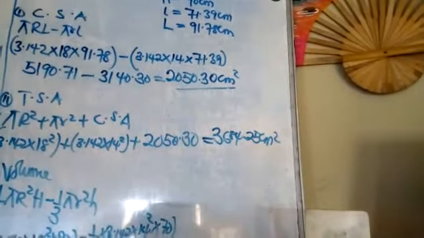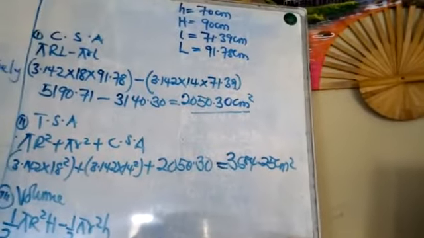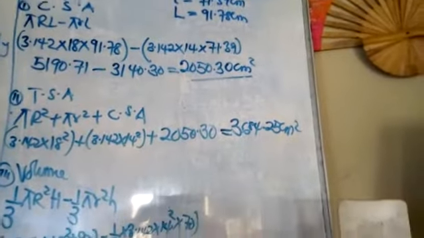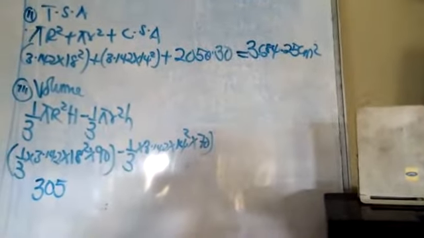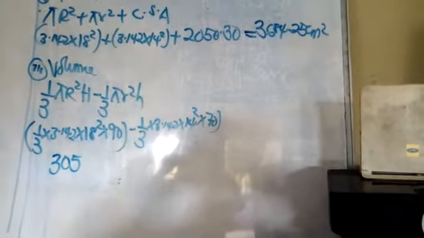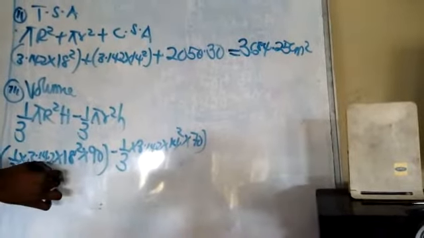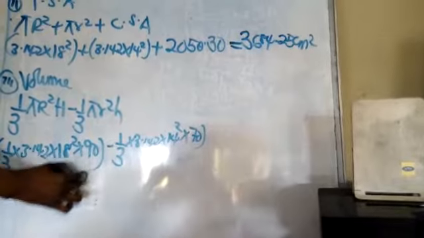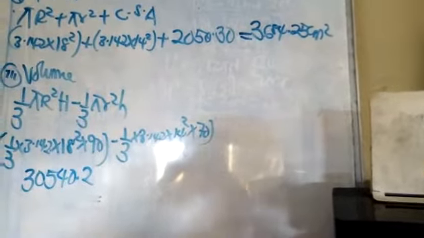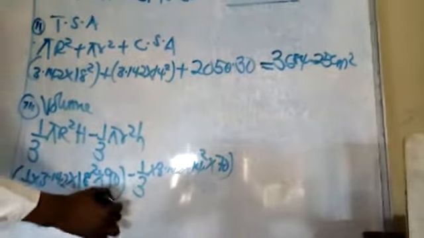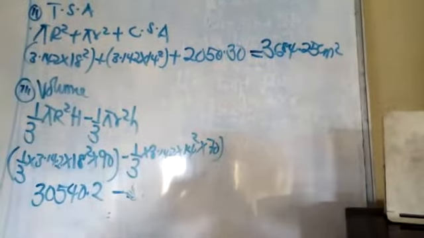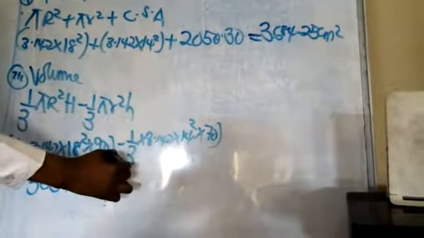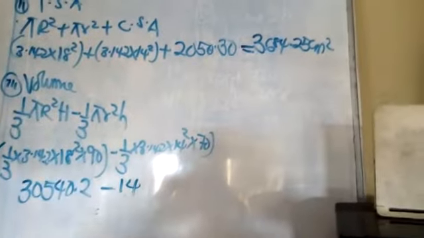Alright? So by the time you evaluate everything here, you are going to have 30540.2 minus 1/3 times 3.142 times 14 squared times 70. By the time you evaluate this also, you have 14369.41. Are you following class?